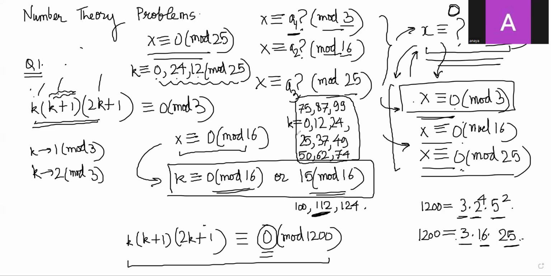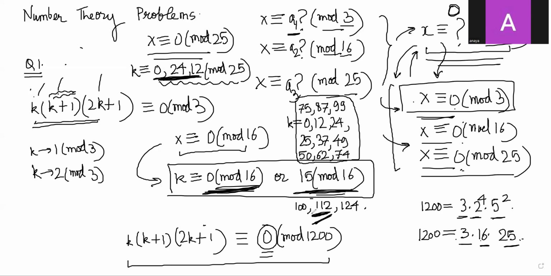For 25, we are getting these three cases. We start by listing them out because they will be fewer in number. And the first number that we get which also satisfies 0 mod 16 or 15 mod 16 is 112, because 112 is divisible by 16.